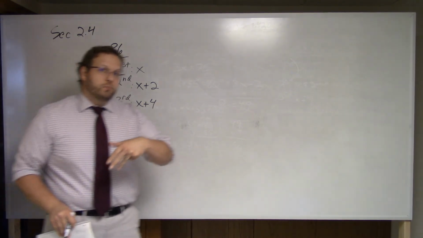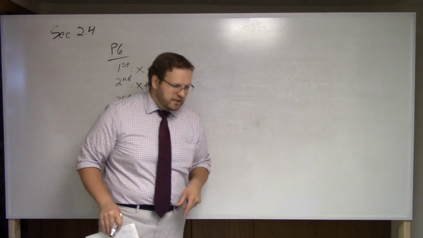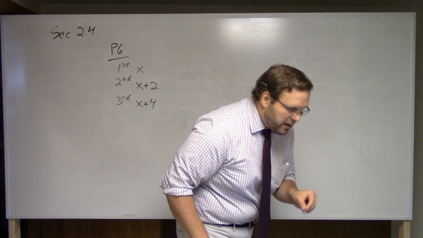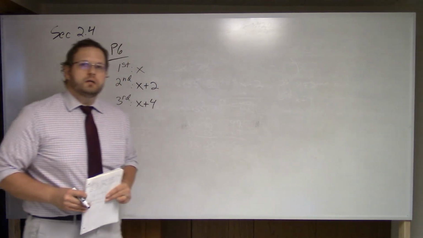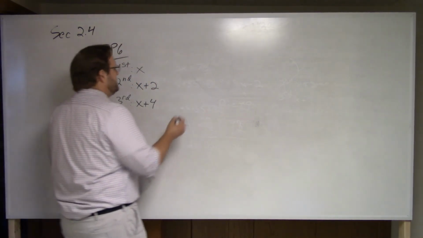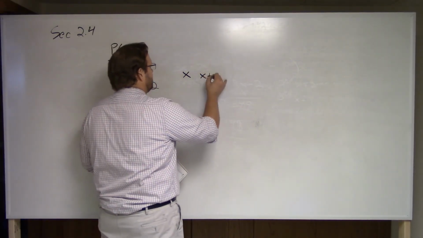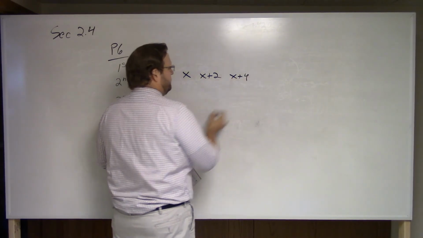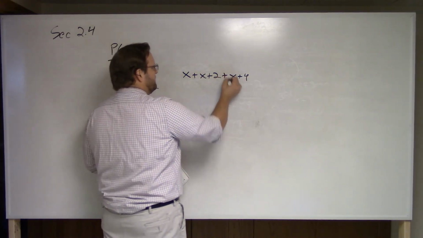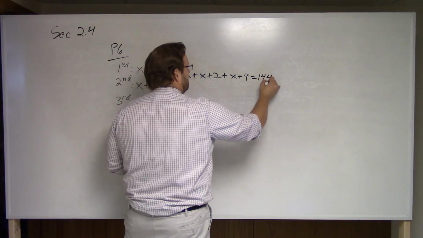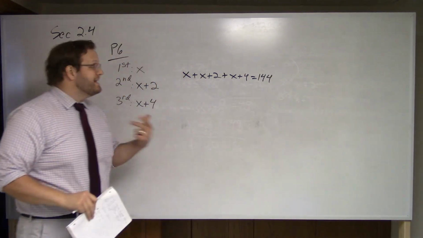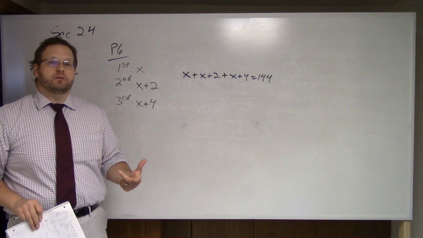Now, what we didn't have in the previous section is this next part. It says their sum is 144. Okay? Now they're actually telling us if I add these up, if I take those and add them, I should get 144. Now I have a complete thought that I can solve.